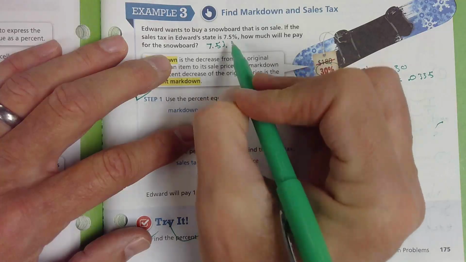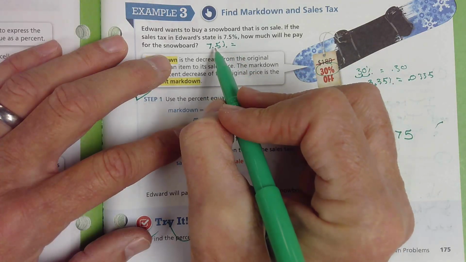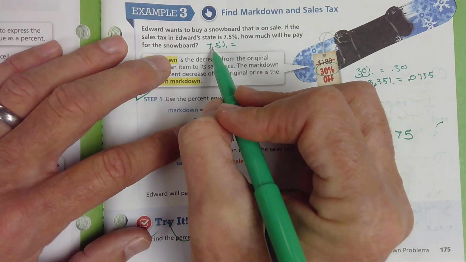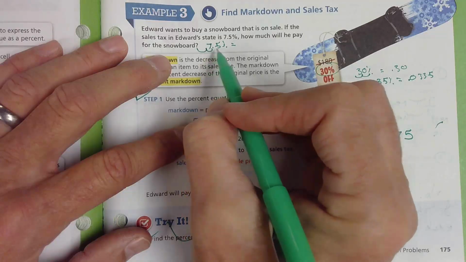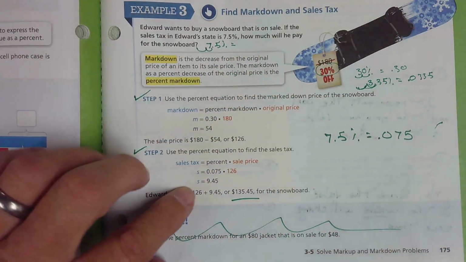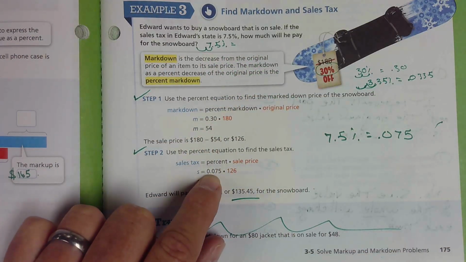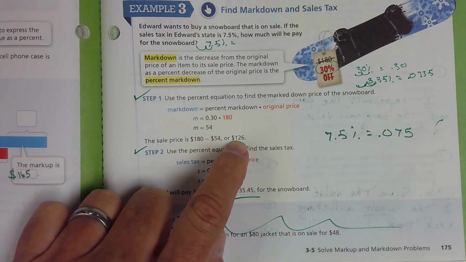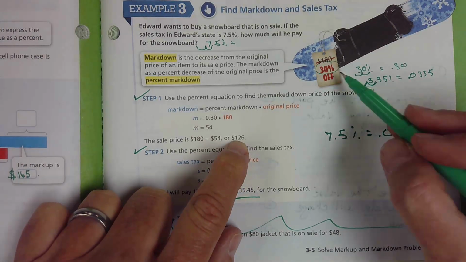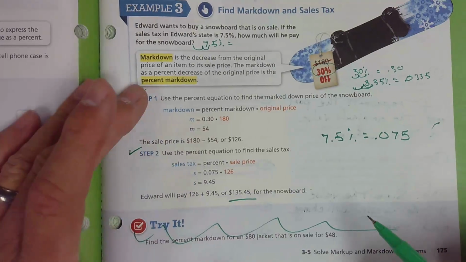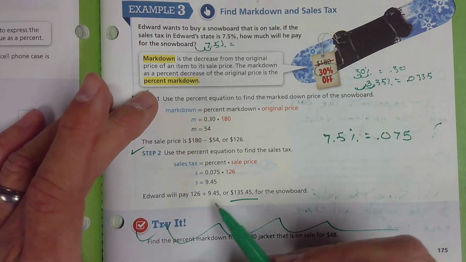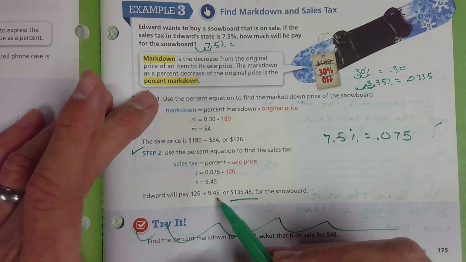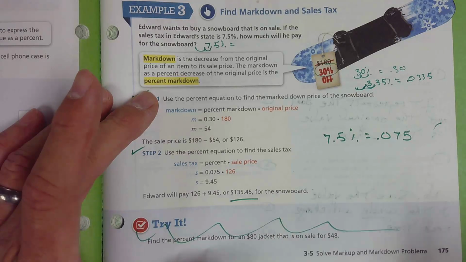From right here, not from the percent sign, I move it over 2 places. And that's what they did right here. It's going to be 0.075 times 126, because that was the 30% off. And looks like it's going to be 126 plus 9.45, 135.45 for the snowboard.